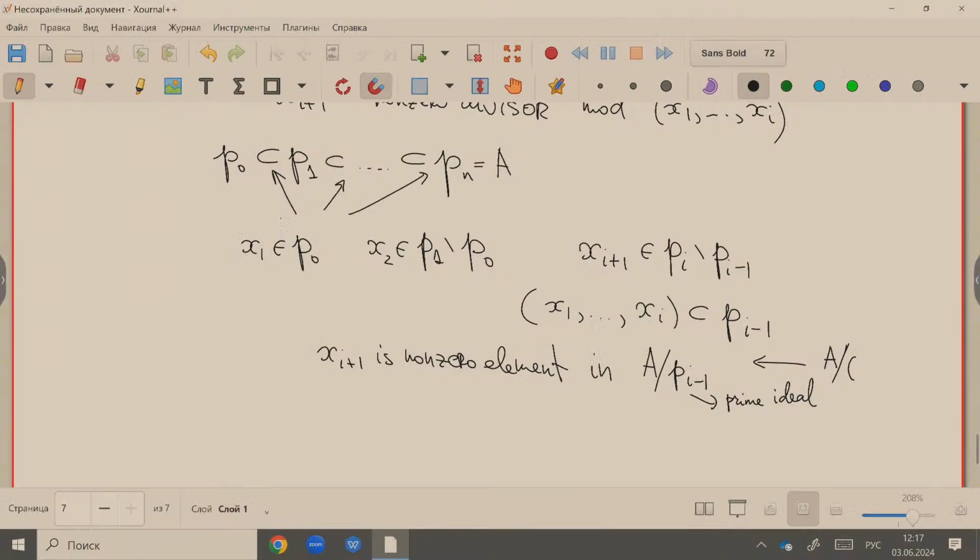And of course, here this thing comes from the map A to A mod x1, ..., xi, and this means that xi is a non-zero divisor, if you consider just xi, in A mod p minus p i minus 1.